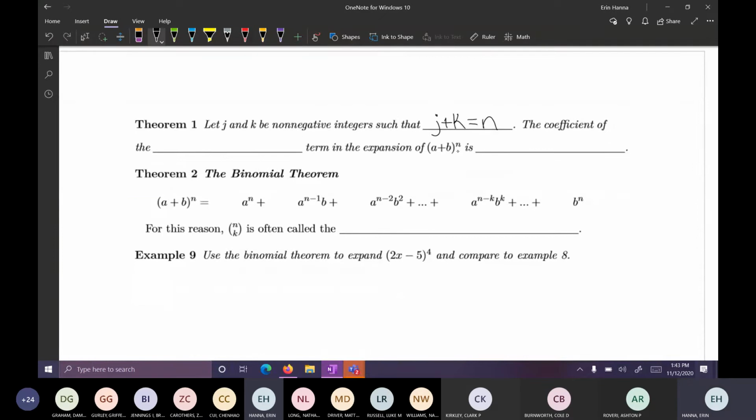So n is still the power that we're distributing this out to. So essentially you're choosing two numbers that add to that power. The coefficient of the a to the j, b to the kth term, I'll explain that out a bit more in a second, in that expansion is going to be n choose k.